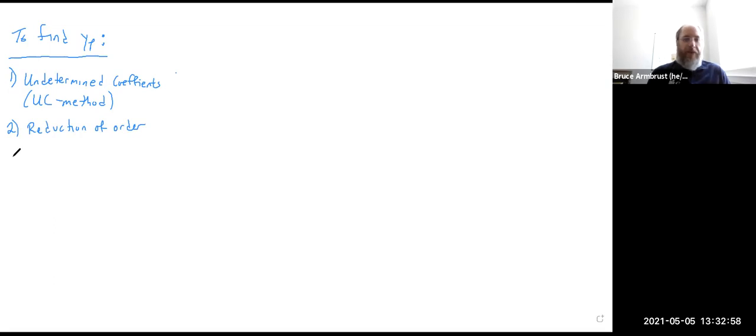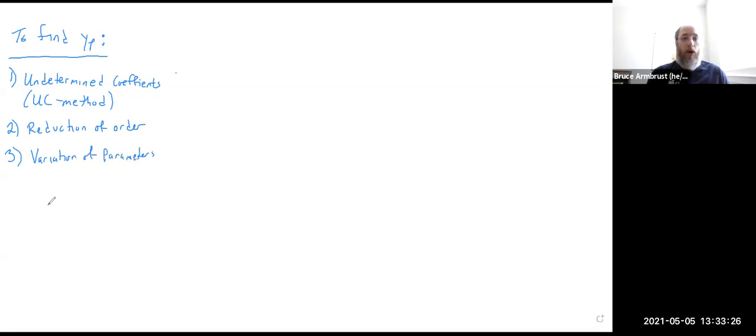Guess what it does? It reduces the order of your differential equation. So it turns it from a second order to a first order that then we can solve. And then a third one we're going to talk about is called variation of parameters.